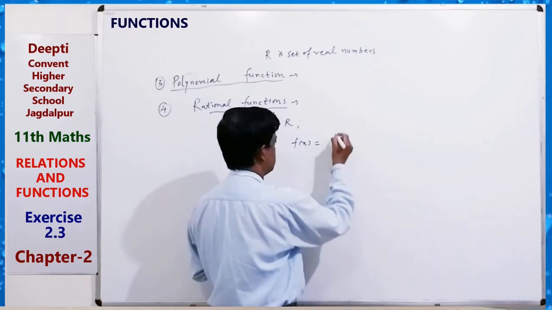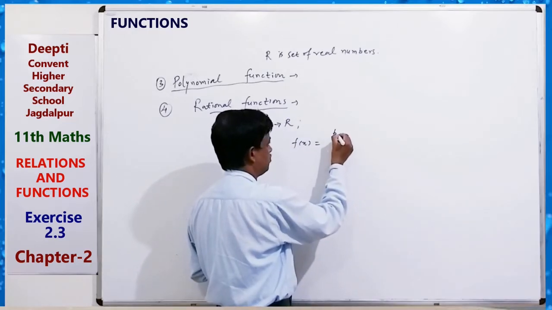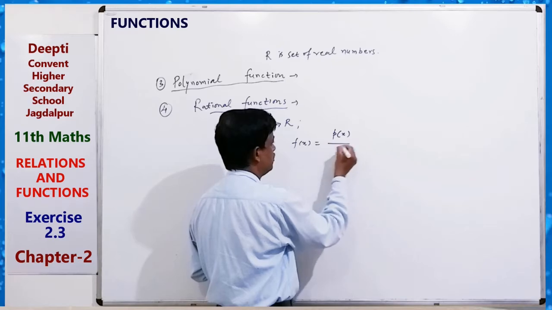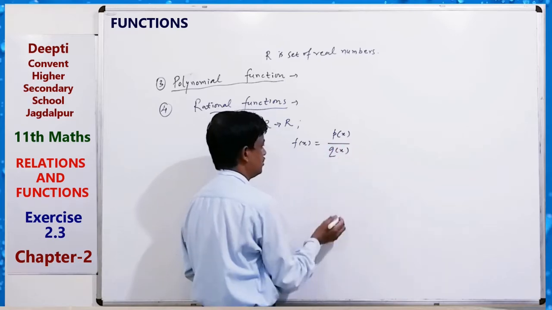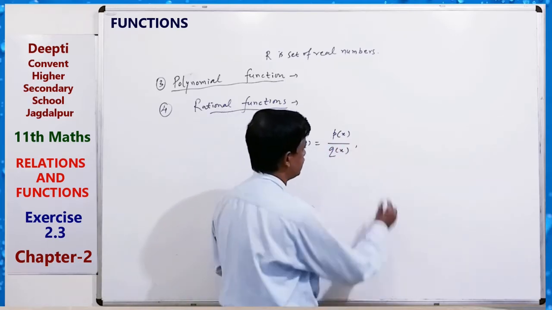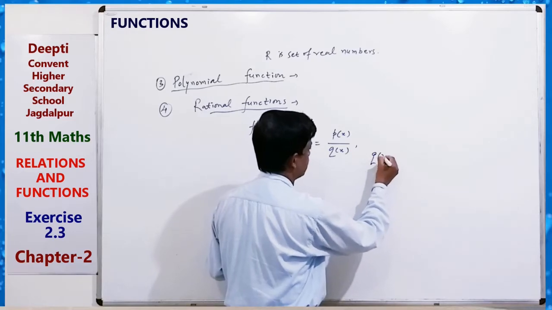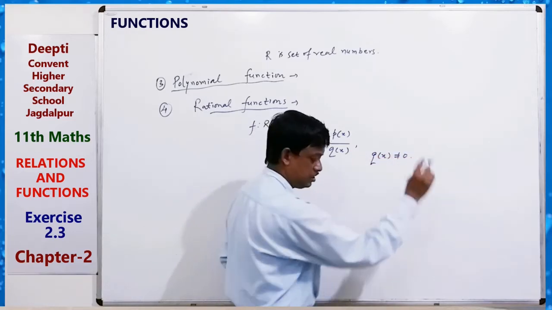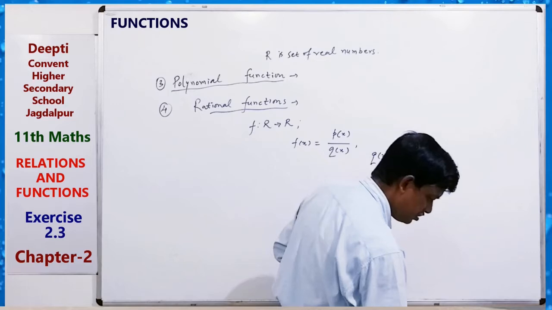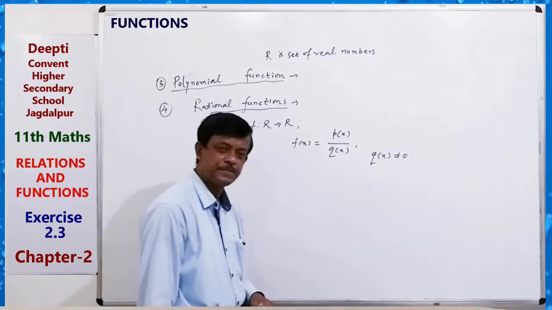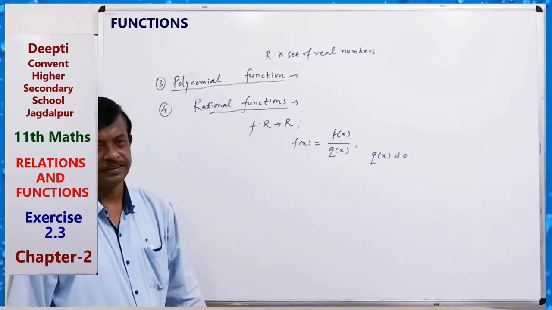You can write it like this: p(x) upon q(x), where q(x) is not equal to 0.